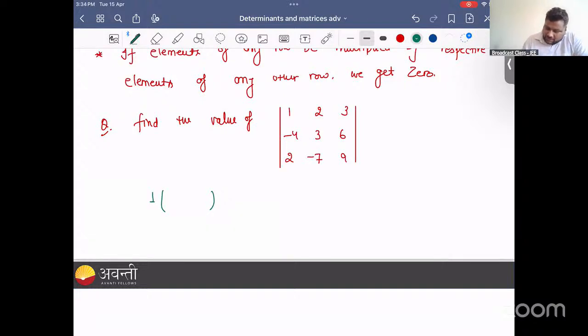See, 27 plus 42. What did I do? One time, its cofactor will be 27 plus 42. Then minus 2. I applied minus before it because its cofactor will come with the extra negative sign. Now this is gone, this is gone. Minus 36 minus 12. Yes or no? Then plus 3 times.